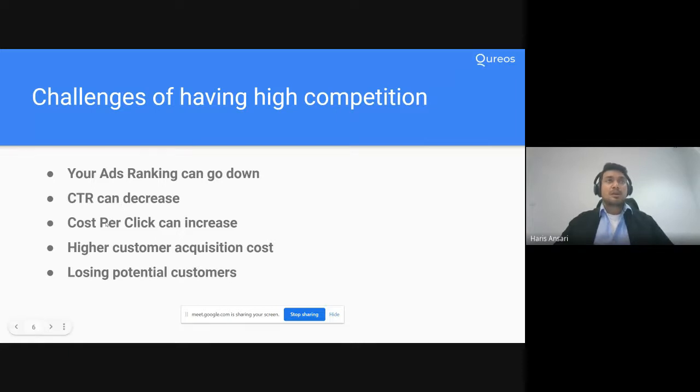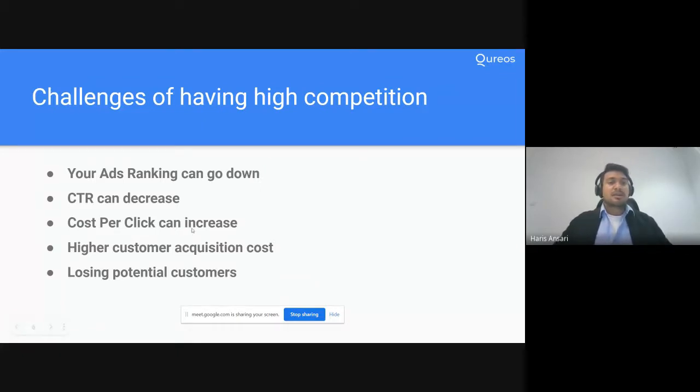And since there will be competition and it's a bidding process, Google decides based on bids and quality. So your cost per click will go up as well because there are other competitors in the market and everyone is competing for the same audience, for the same keyword, for the same user to acquire.